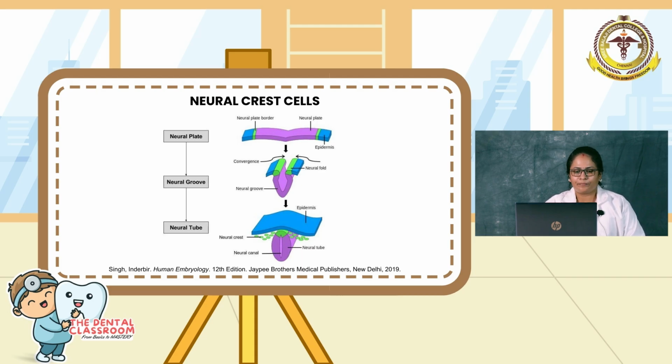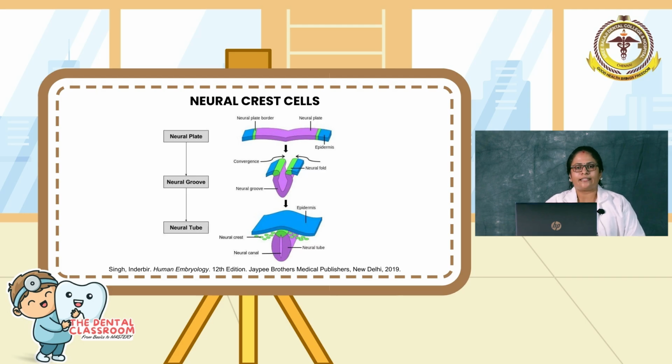So now let's see how these neural crest cells are formed. In the early embryo, the ectoderm thickens in the midline and forms the neural plate, as you can see in the first image. The edges of the plate elevate and fold towards each other and form a structure called the neural fold. At the point where these folds meet and fuse together, they form the neural tube. Now the cells located at the tip of the neural folds, at the junction between the neural plate and the surface ectoderm, undergo some special changes.